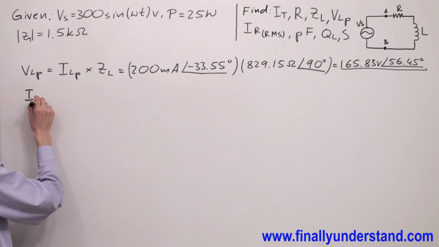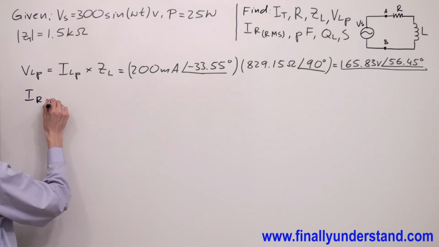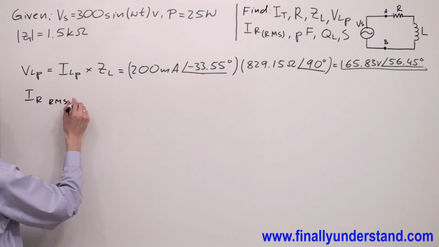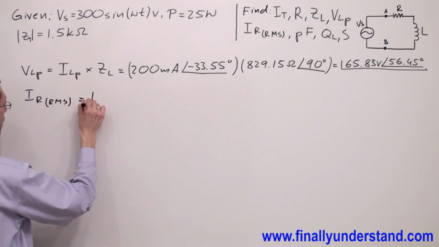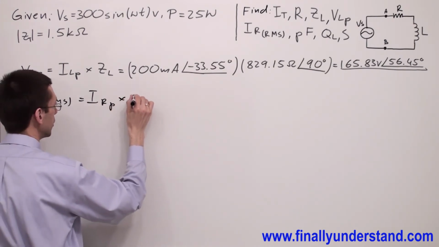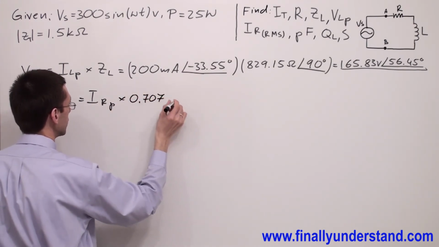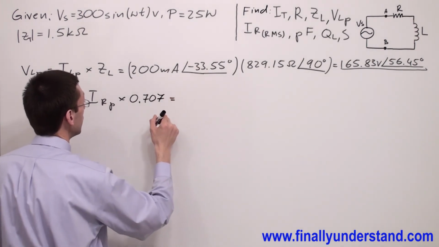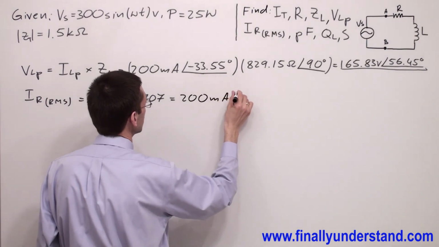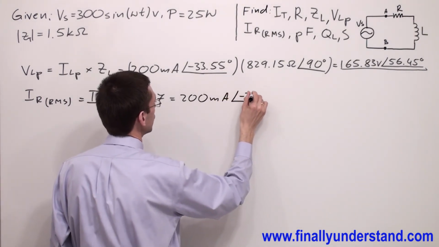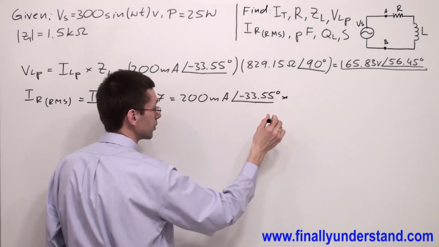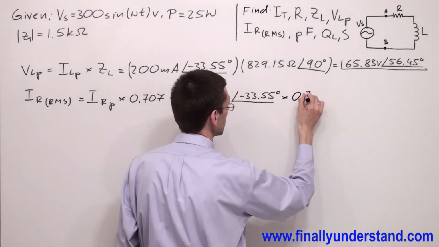I R in this case, RMS is equal I R peak times 0.707, which is equal 200 milliamps, an angle of negative 33.55 degrees times 0.707.